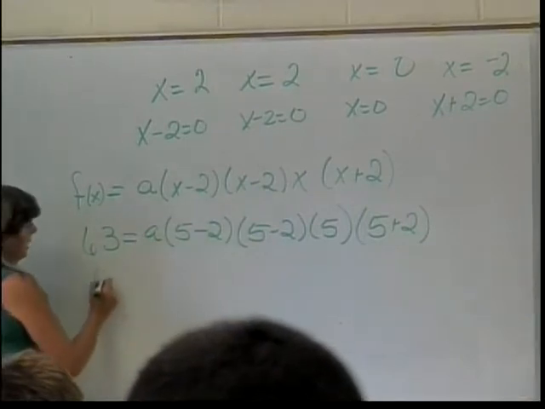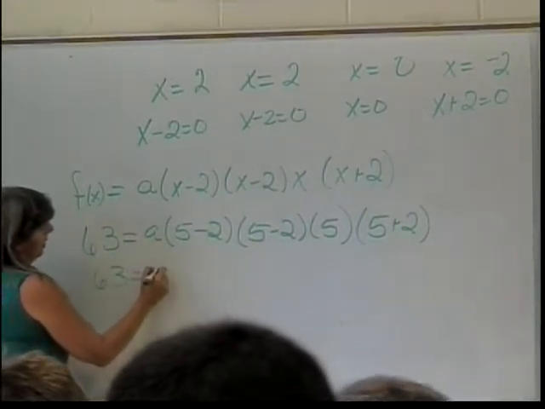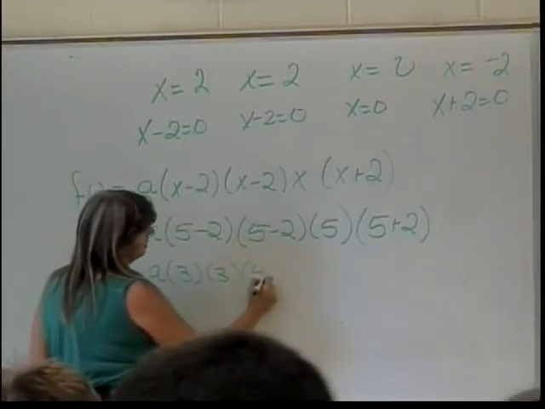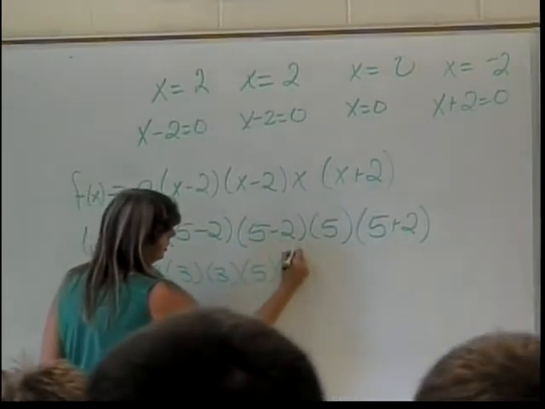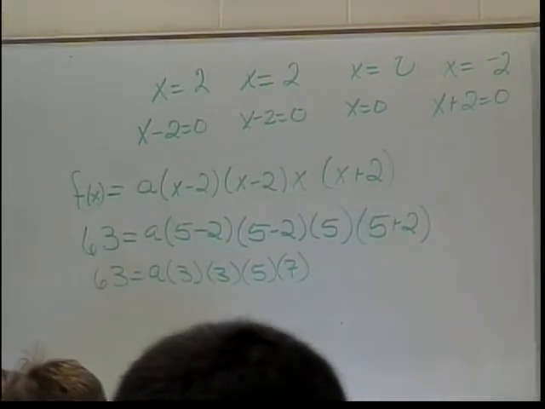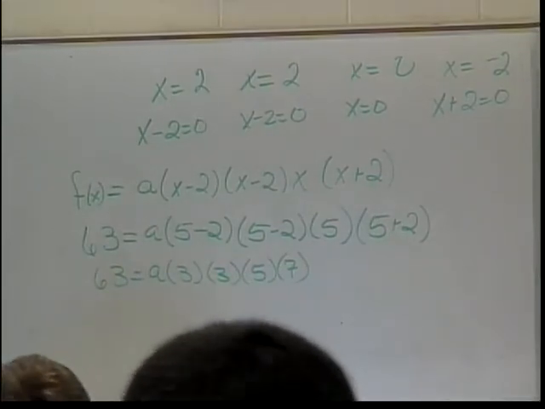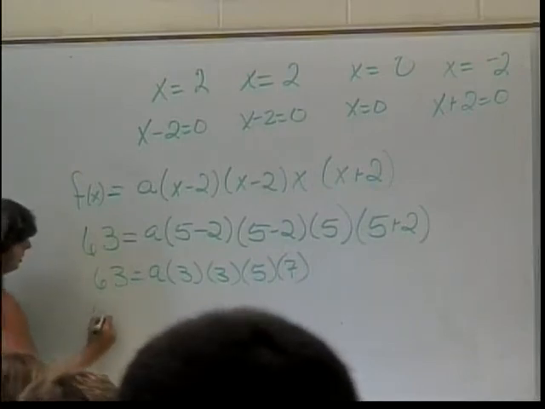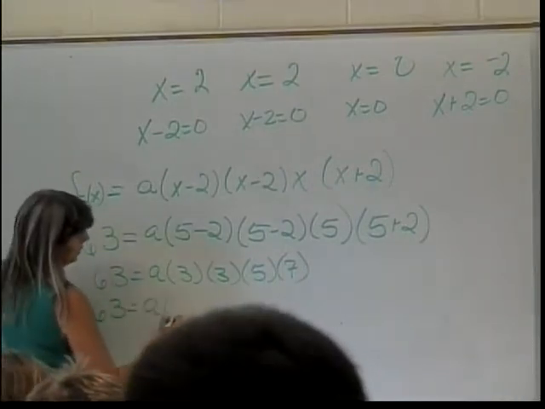So I have 63 equals a times 3 times 3 times 5 times 7. 35 times 9? I think it's 315. So 63 equals a times 315.